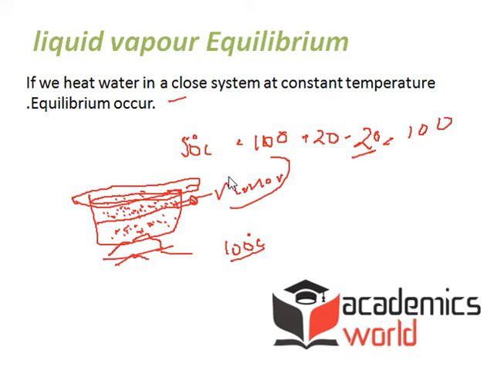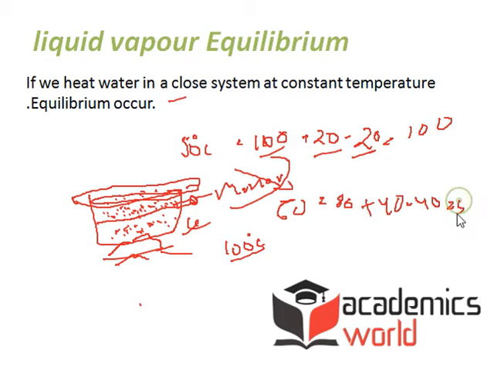But if you change the temperature, suppose now the water in liquid state is 80, and we know that if we heat more, more molecules become vapor, 40, but also condensing 40, so it remains constant at 80.